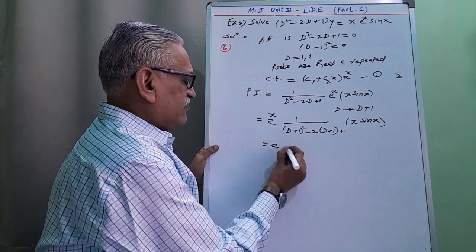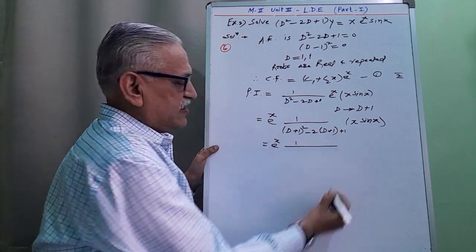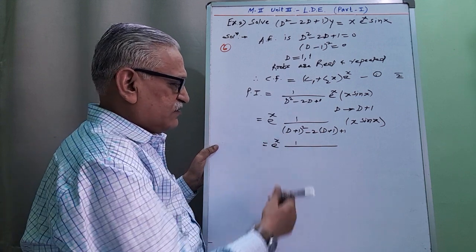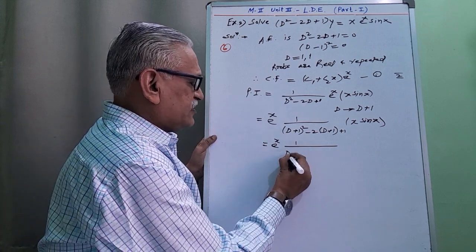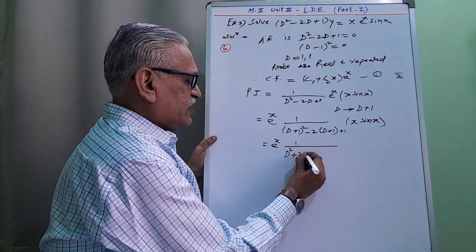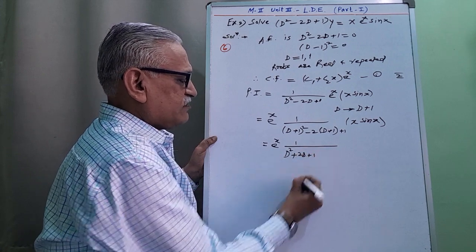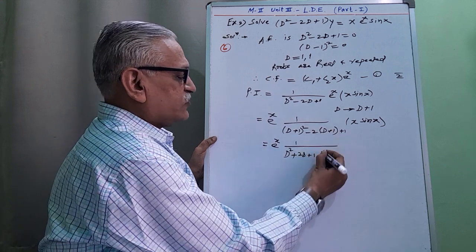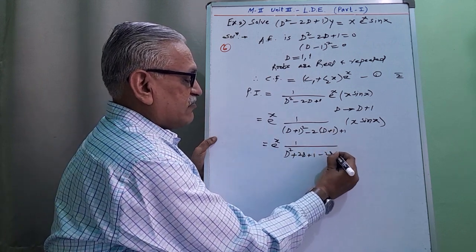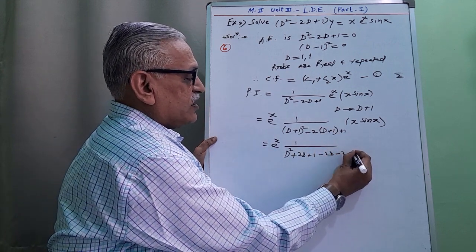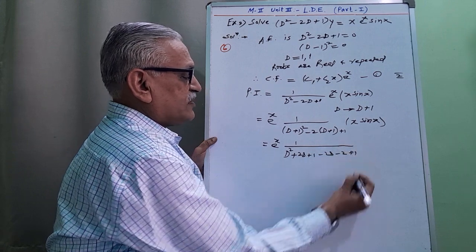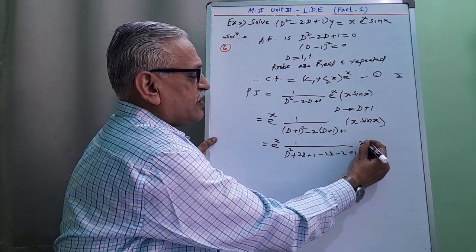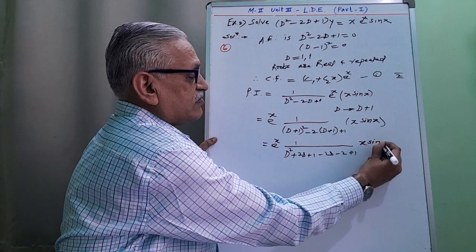Simplifying it by expanding the first term, its expansion is D² + 2D + 1, (a + b)² = a² + 2ab + b², then minus 2D minus 2 and plus 1, which we have to operate on x sin x.